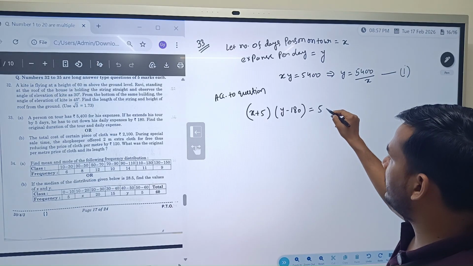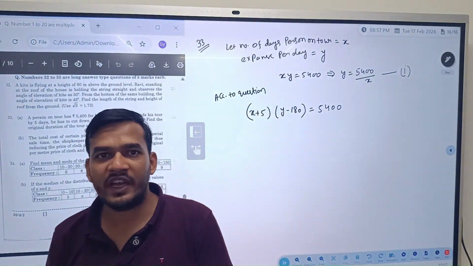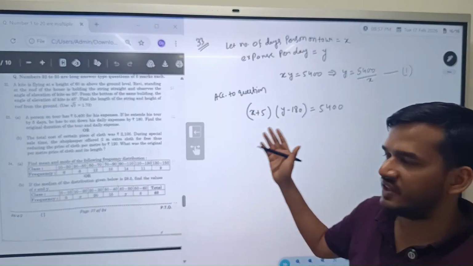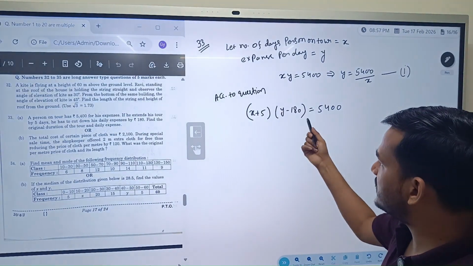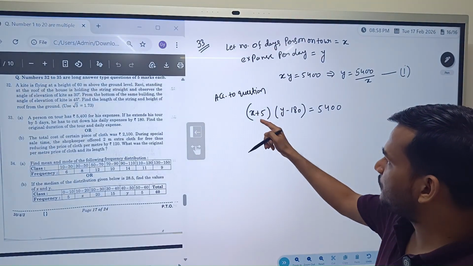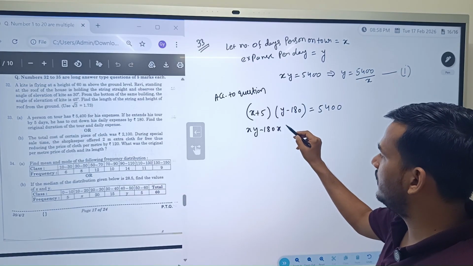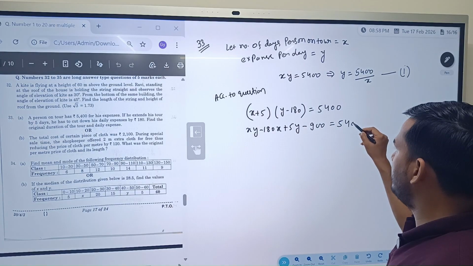Total expenditure is again 5,400, because expenses are fixed. Only the number of days and daily expense are changing. So number of days increases by 5 and daily expense decreases by 180. Now we open the bracket: xy minus 180x plus 5y minus 900 is equal to 5,400.